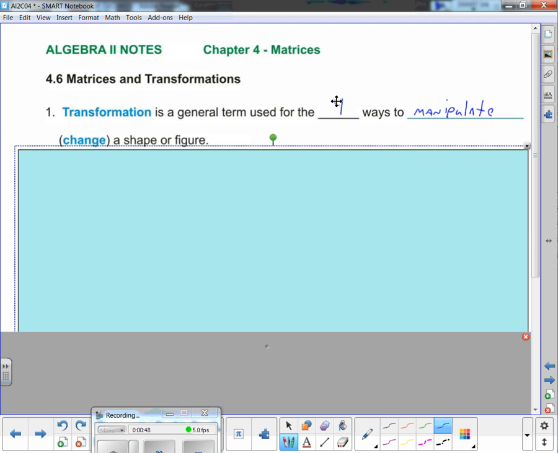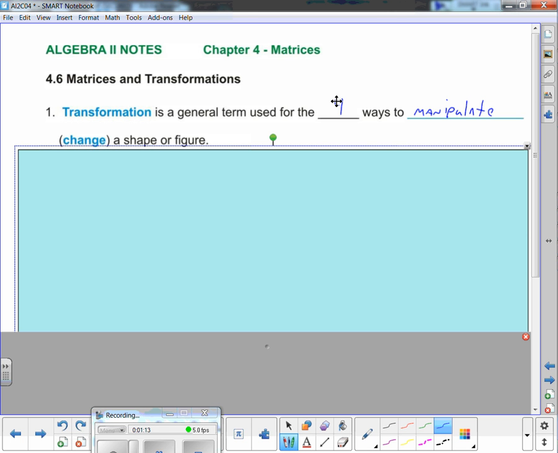Anybody remember any of the four ways of manipulating or changing a figure? Abigail, give me one. Reflecting is one, yes. A reflection. Great. Maybe that'll jog your memory. That's one of them, to reflect. Any others? Come on, think. Josh?